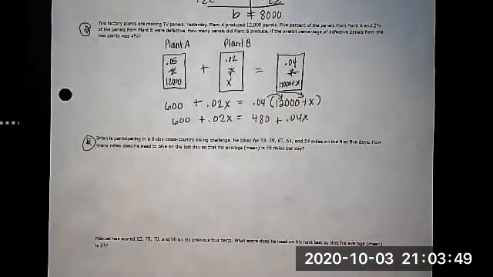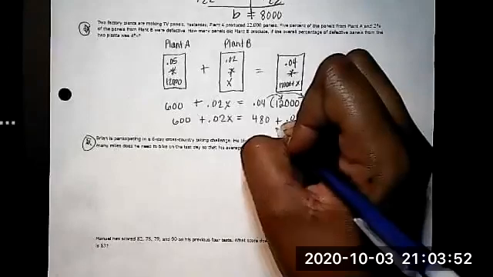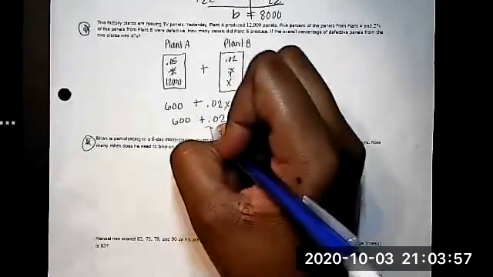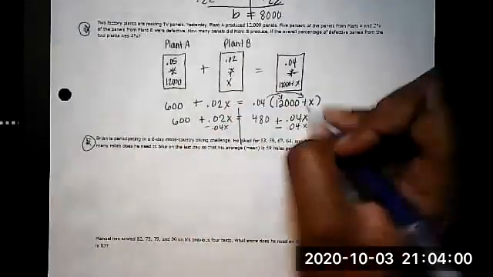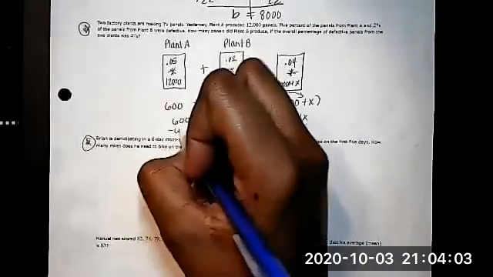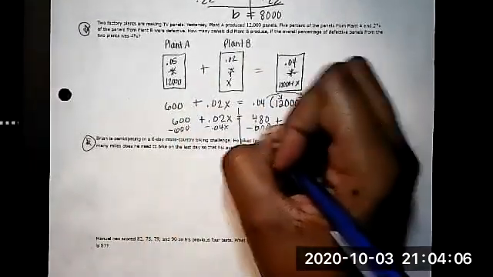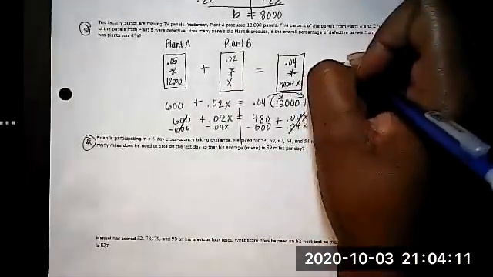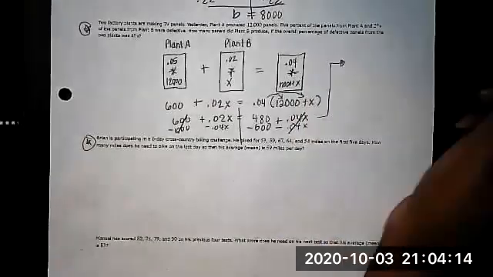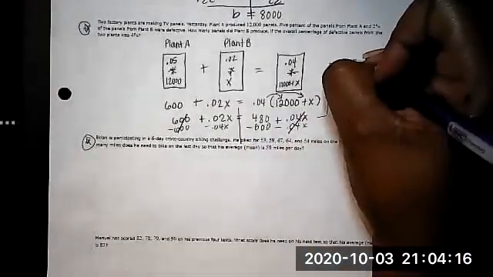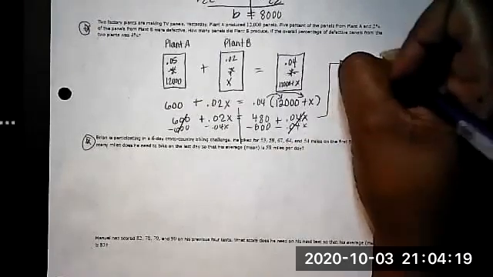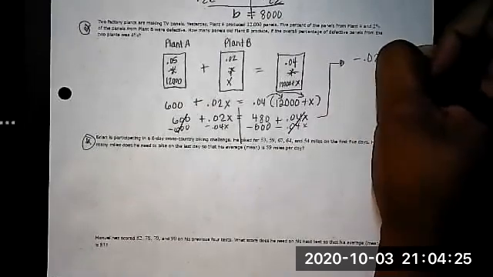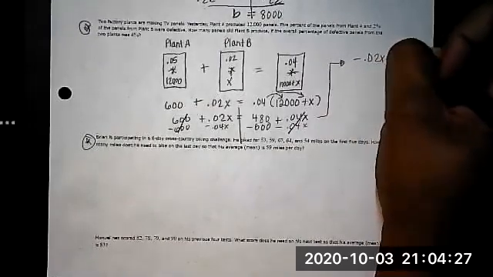Now I'm going to get the x's on the same side because these are on two different sides, and this 600 goes on the other side. We've been doing this enough, so hopefully you understand what's going on there, okay? When I subtract, it becomes 0.02x equals negative 120.